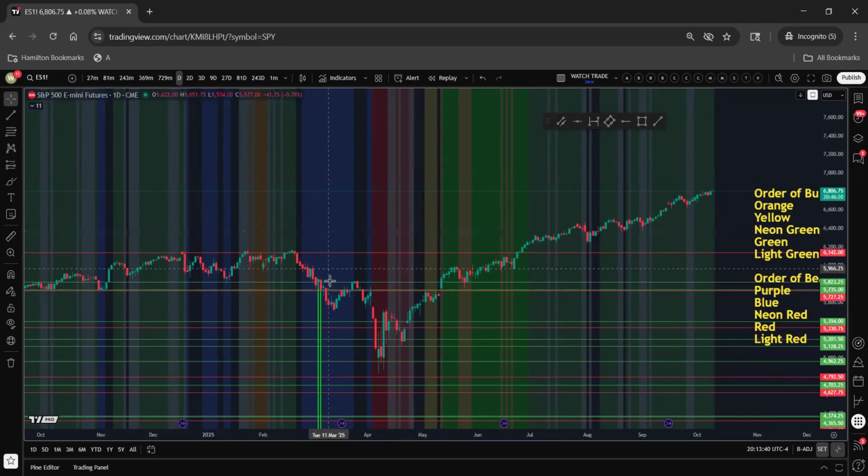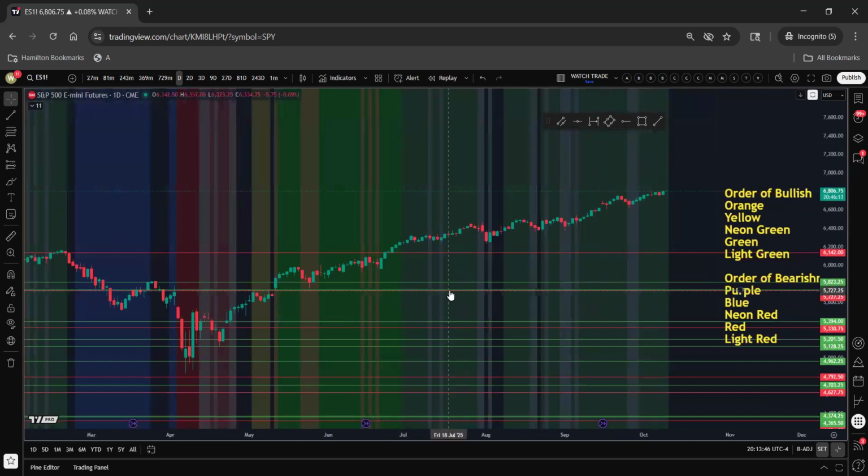Let's hide this. If you're a visual person, this might help you trade better. Gray is going to show you when there's choppy activity, and black background means that there's no trend, or the algorithm is at play currently. So sometimes there is no candle trend.